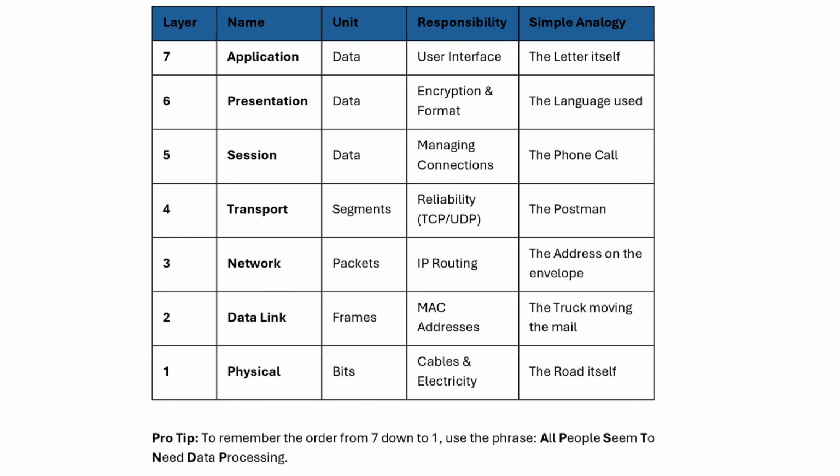And what is the responsibility of these layers? The first layer, the physical layer, is cables and electricity. For data link it is MAC addresses, for the network layer it is IP routing, and for the transport layer it is reliability and transfer of the protocols like TCP or UDP. For the session layer, it is managing the connection between the data and the user.